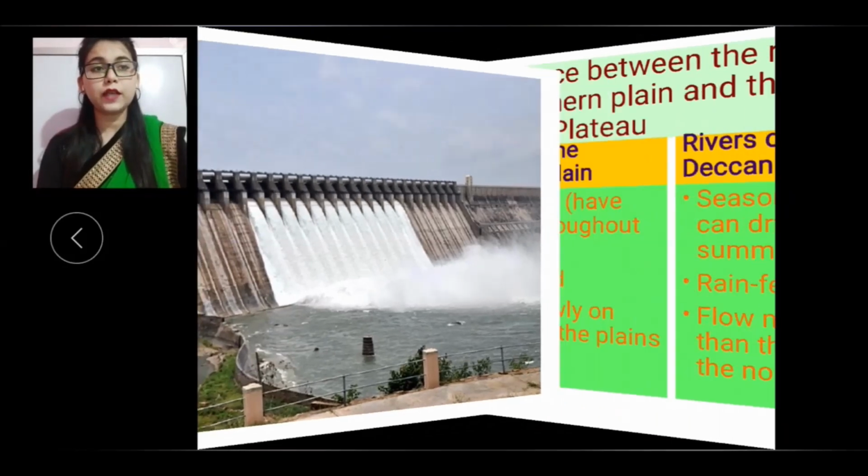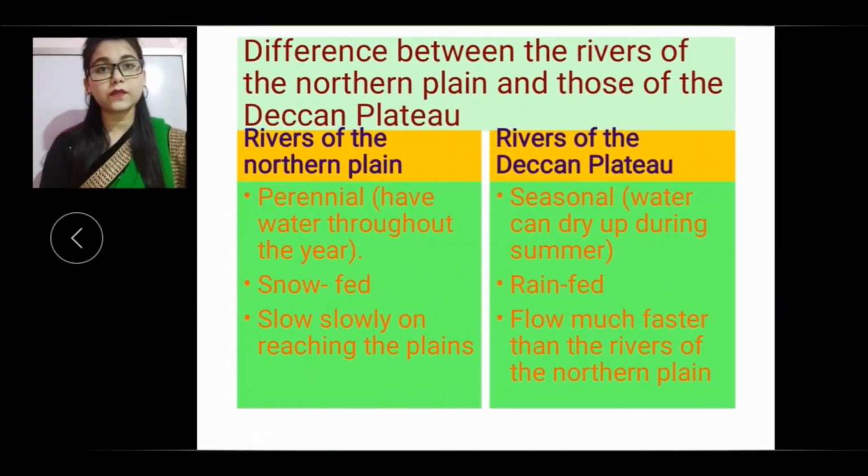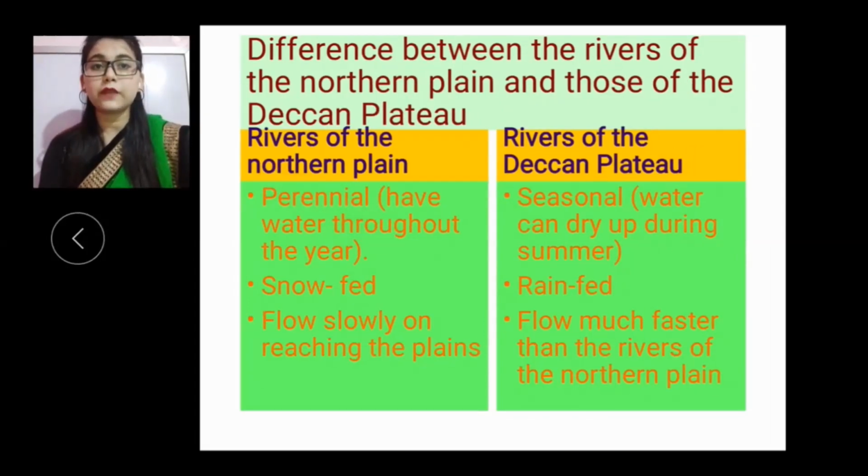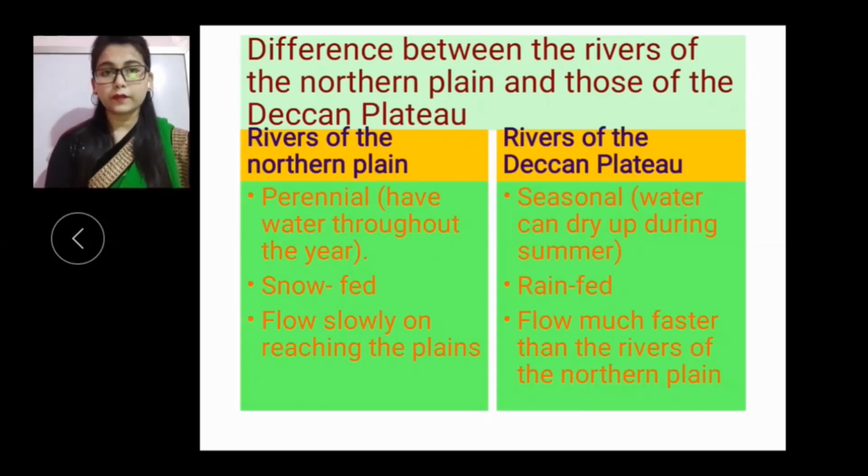Now let's move further and see the difference between the rivers of the northern plain and those of the Deccan Plateau. So there is a difference between them. The rivers of the northern plains have water throughout the year because they get water from melting snow. And the seasonal rivers, the water can dry up during summer because they get water from rain.